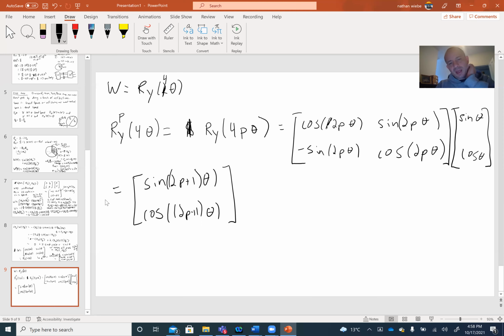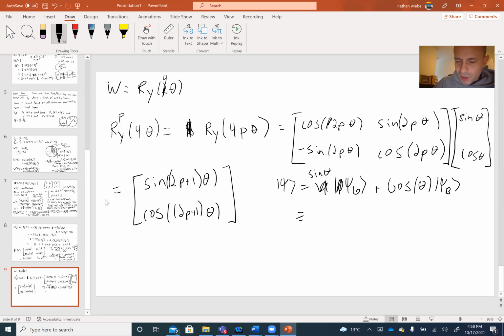Alternatively, another way that you can see this is that psi is equal to sine theta psi g plus cosine theta psi b, which is equivalent to e to the i y theta, where this is, again, the y operator inside the subspace. Don't take it literally to be Pauli y.